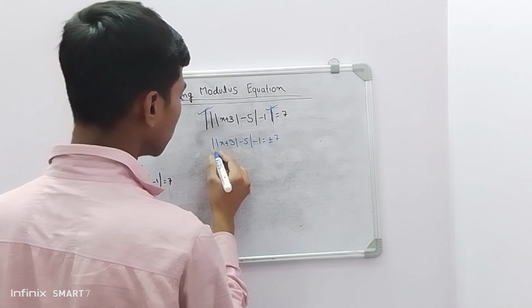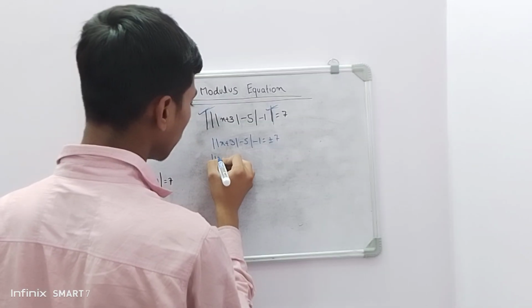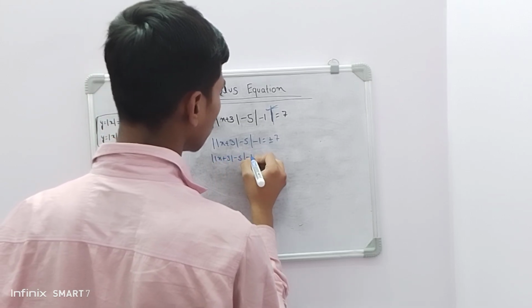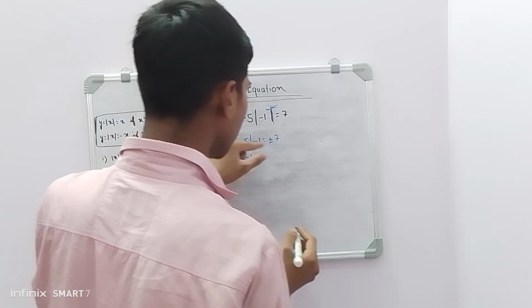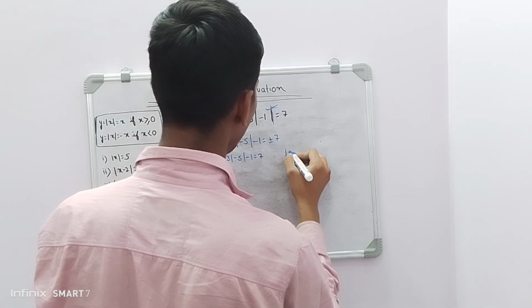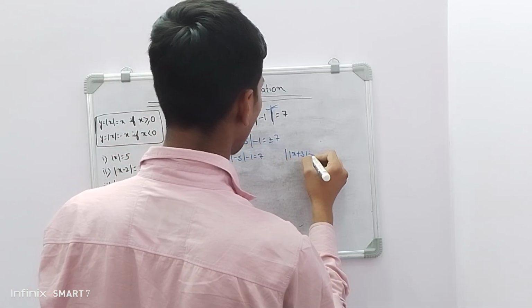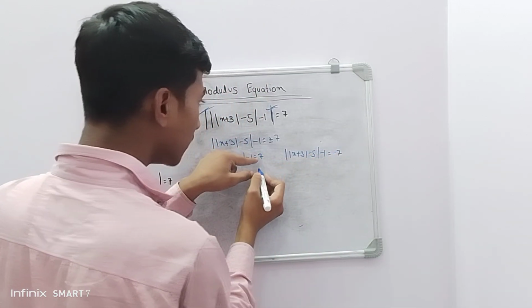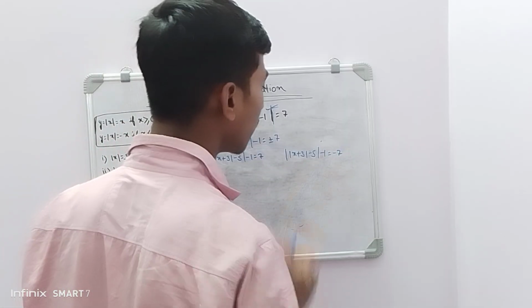So here |x + 3| - 5 mod minus 1 is equal to plus 7, and the other one you could write is |x + 3| - 5 mod minus 1 is equal to minus 7. One is plus 7, one is minus 7.